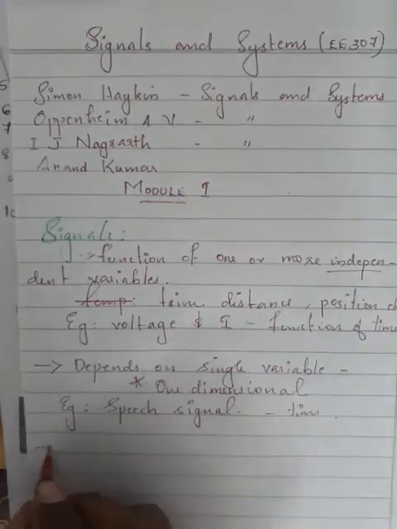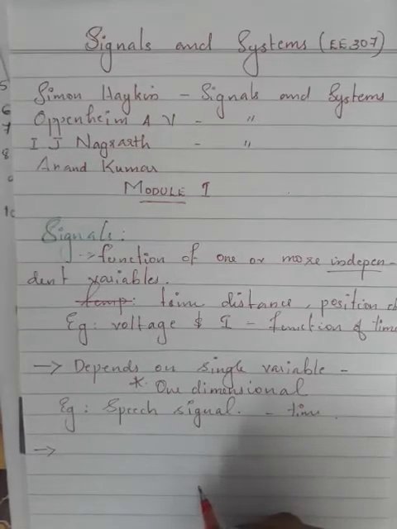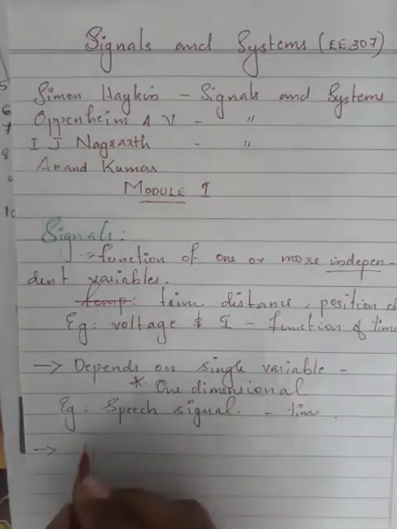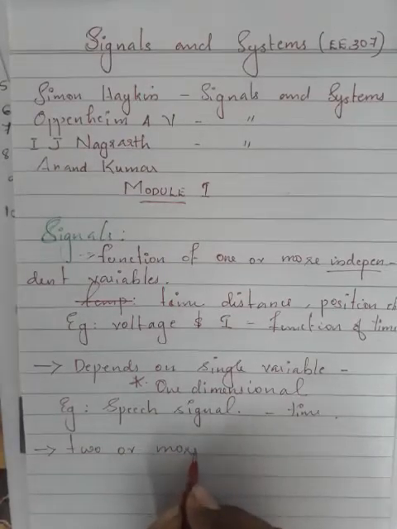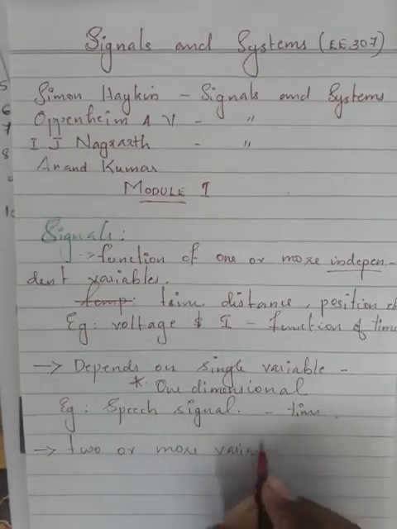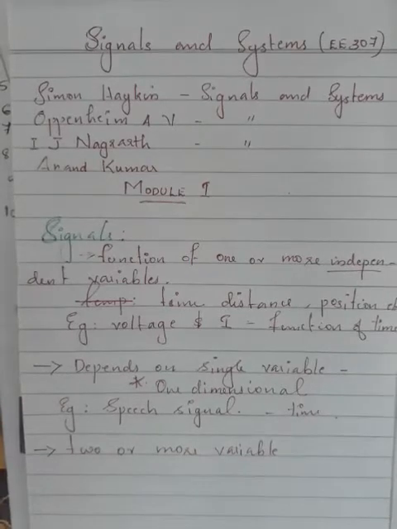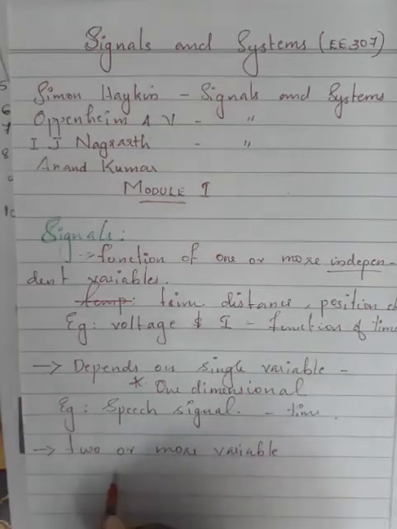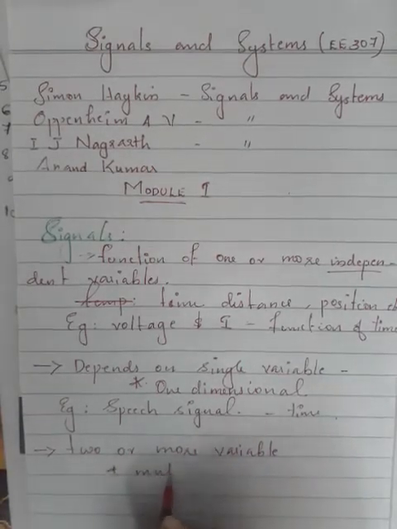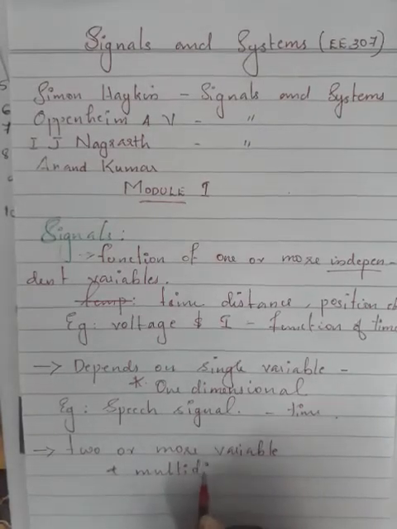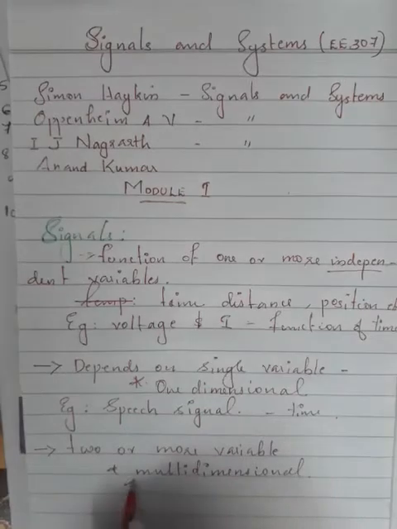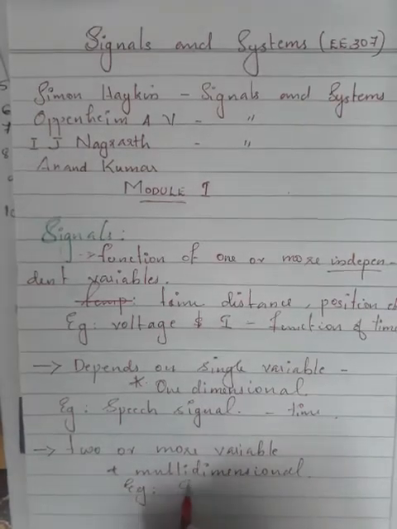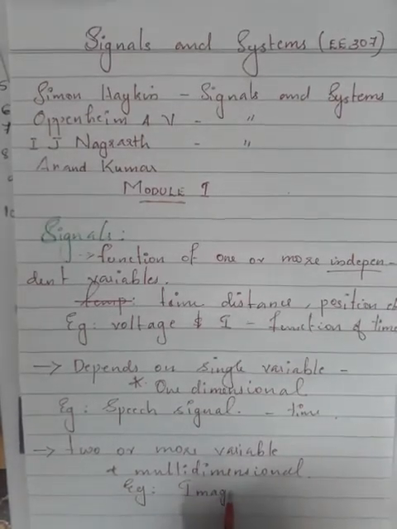Then what is multidimensional or two-dimensional? If the function depends on two or more variables, then it is called multi-dimensional. An example is an image.